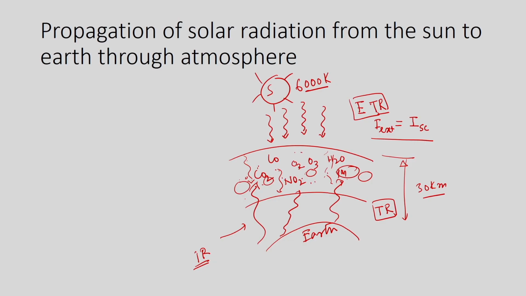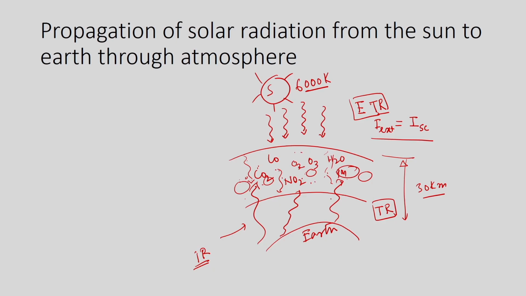Okay. So, what I tried to explain here: we have sun and earth, and then short wave radiation travels from the space and has to pass through this earth atmosphere and it is received by the earth surface. So, some of the radiations are reflected back.